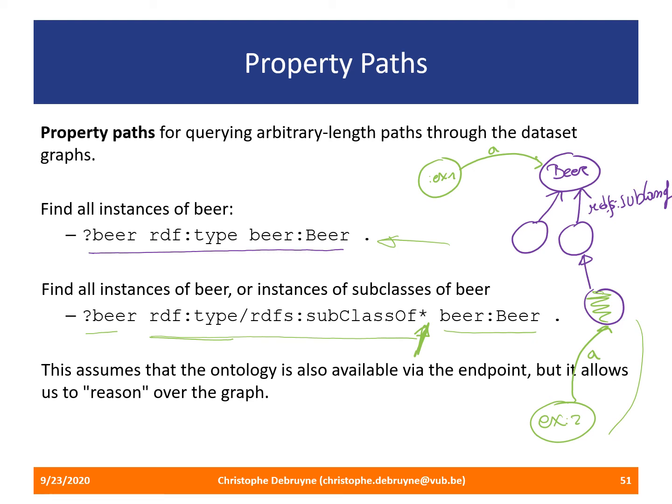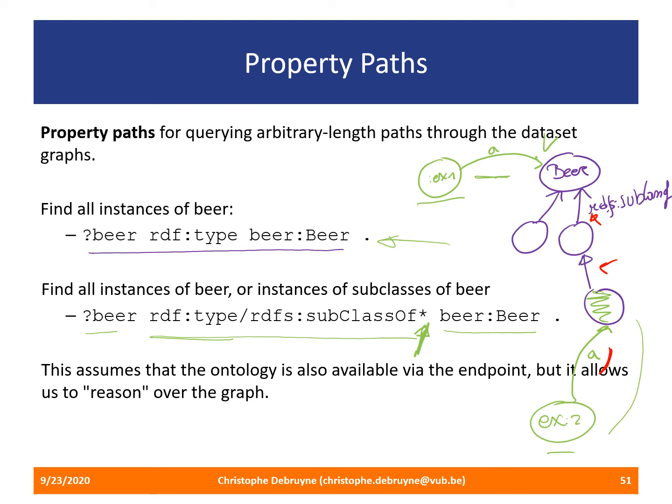And with this particular pattern, we will get both example 1 and example 2. Why? Well, here we have an immediate RDF type relationship and 0 subclass statements, so that is covered. And in this particular one, we have 1 RDF type statement followed by 2 RDFS subclass of statements.